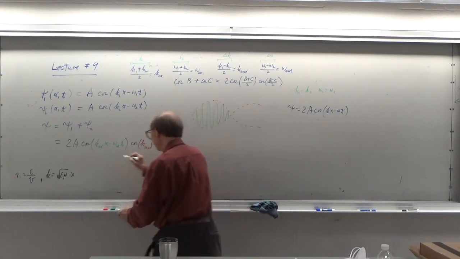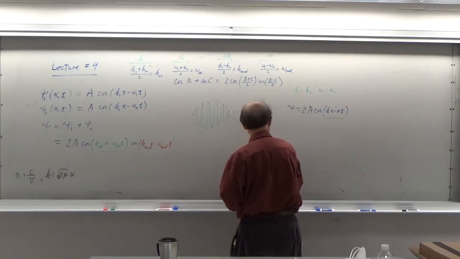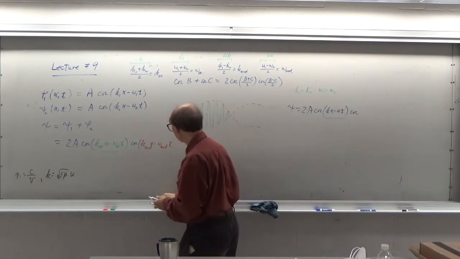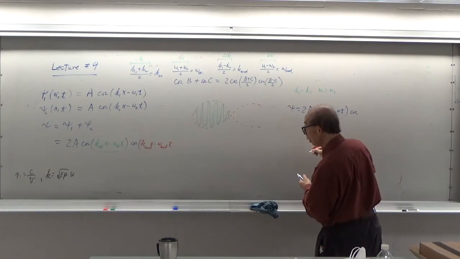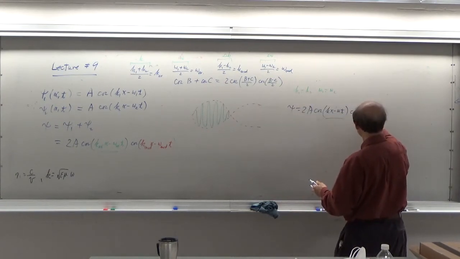The green part, multiplied by cosine of the red part, which is now delta k x minus delta omega t.